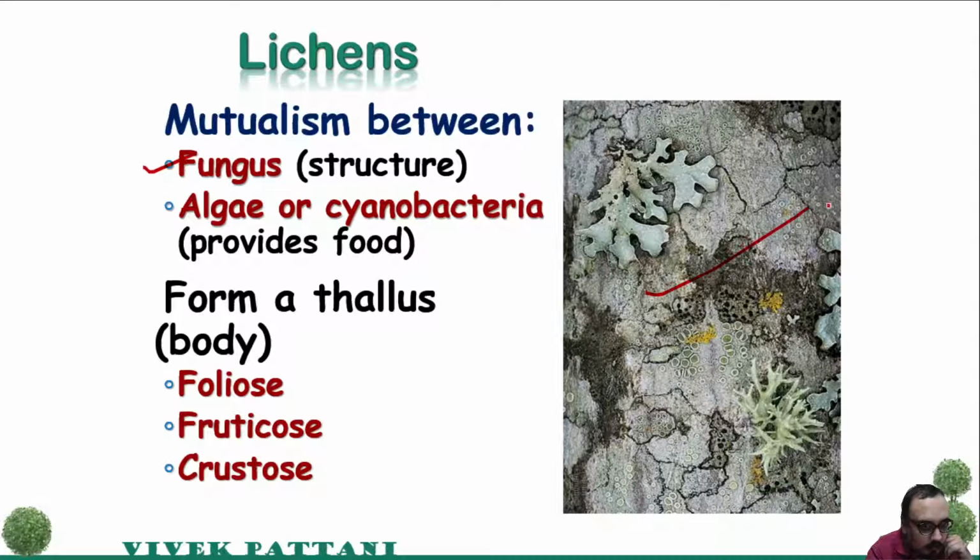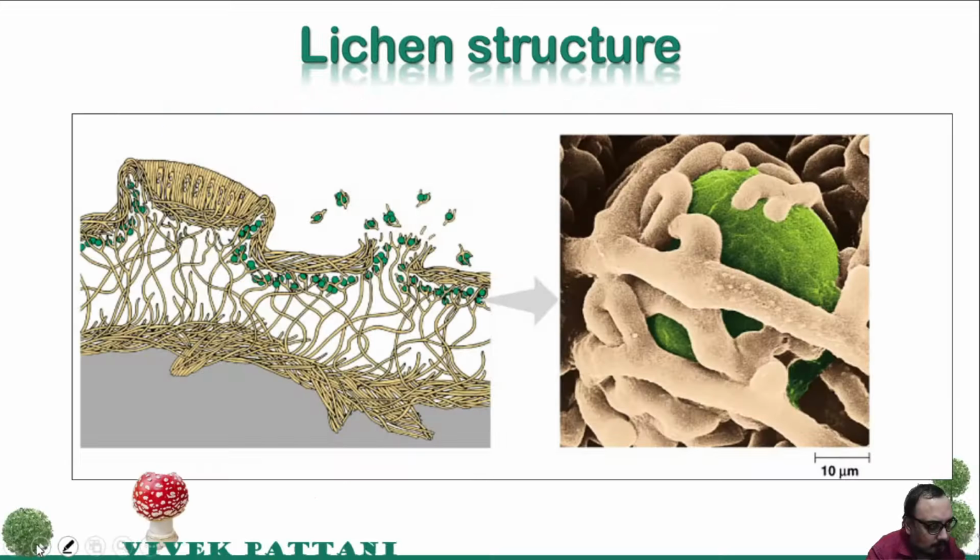These are the photographs of the lichens. The fungi provide structural assistance, and in return algae provide food, and they form a thallus, called foliose, fruticose, or crustose. You need not remember this, but just for your information.